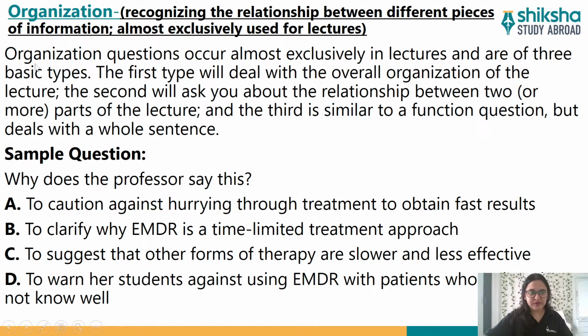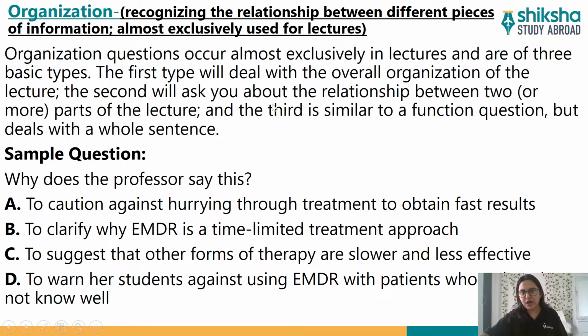Let's read about this question. So organization questions occur almost exclusively in lectures and are of three basic types. So there are actually three basic types of these organization questions. You can say that the organization question is also divided into three subparts. Let's read about it. The first type will deal with the overall organization of the lecture.